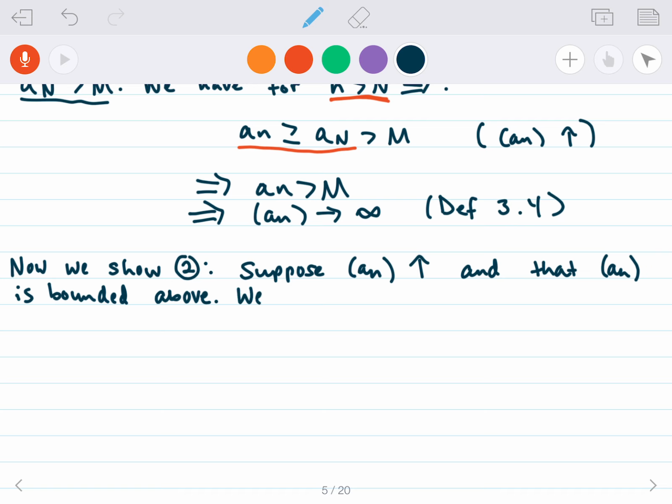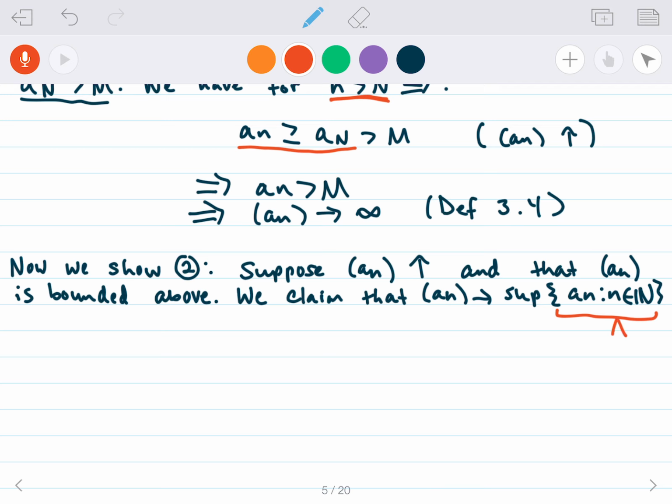Okay, so let's write that out. So we claim that our sequence converges to the supremum of the set of terms in our sequence. And we'll call this set A. Okay. So because our sequence is bounded, this set A is going to be bounded.